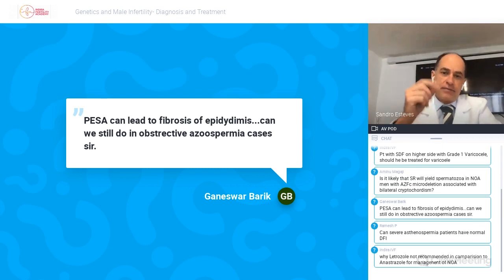Even when you use a very thin needle, you cause some fibrosis. So my suggestion to you is, every time you do a percutaneous epididymal sperm aspiration, start in the mid portion of the epididymis, not in the head. Start in the mid portion and see if you can find good sperm, motile sperm with good morphology.